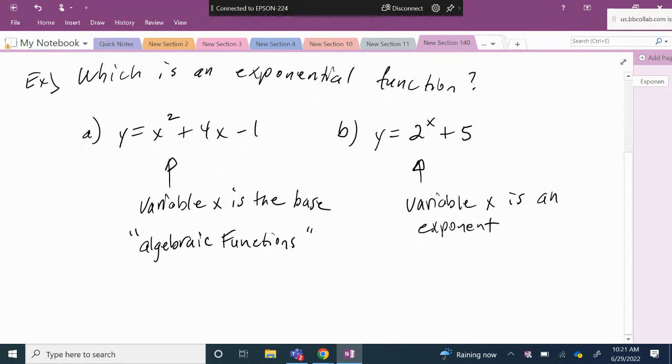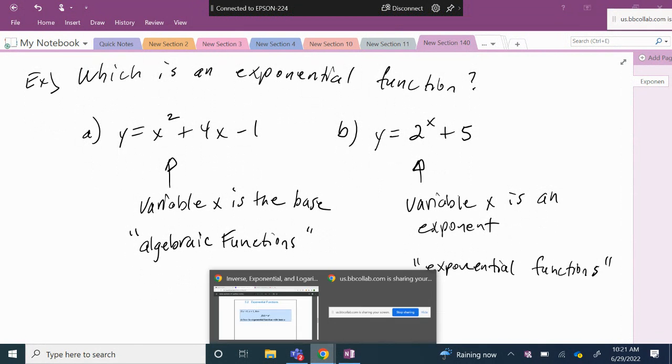So if you're looking at a function and your exponent is a variable, these are considered to be exponential functions. So that's how you would identify an exponential function.